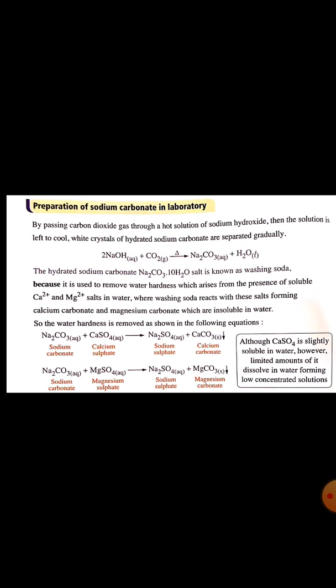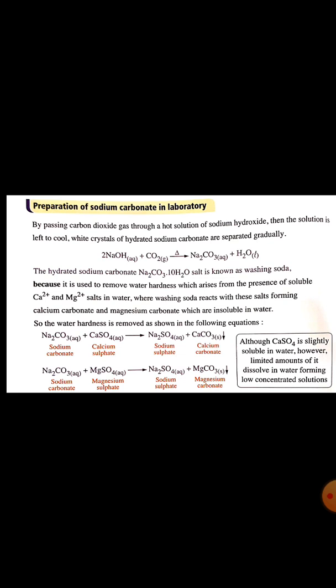Okay, now, washing soda can react with them and precipitate them. To remove them, washing soda, as in these two equations: washing soda, aqueous solution or hydrated solution here of sodium carbonate, reacts with calcium sulfate, a compound that contains calcium positive ion.